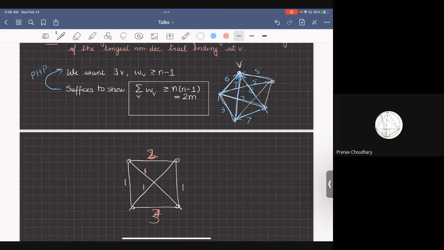So the longest trail ending in C is, I mean, it's 1, 2, 3. So yeah, not exactly this. Maybe I need 5 vertices for a counterexample.